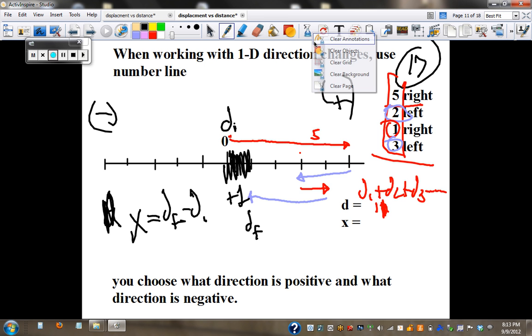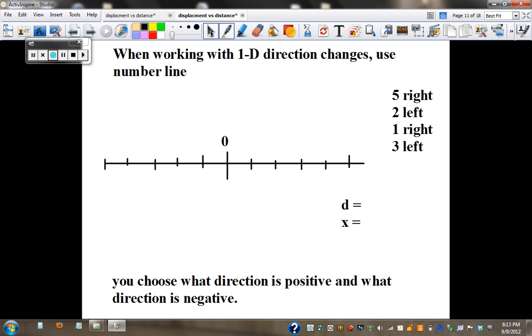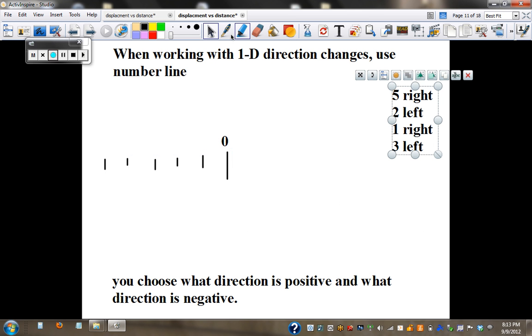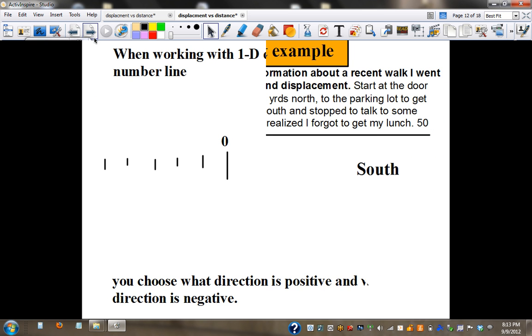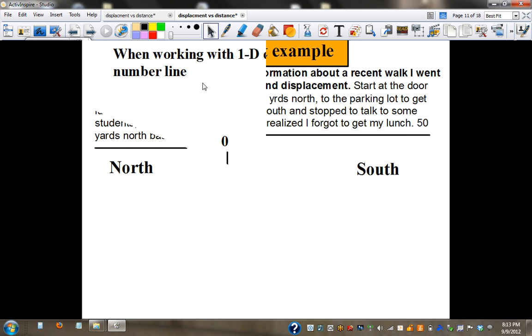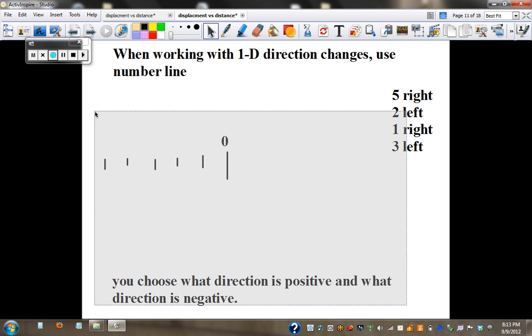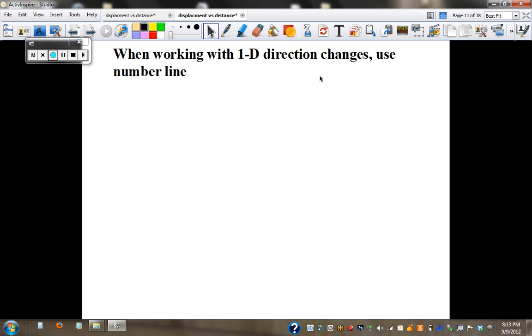So here are the steps to performing these problems. Let's get rid of this. I'm going to just get rid of all this stuff. Alright, step 1: choose positive and negative direction.